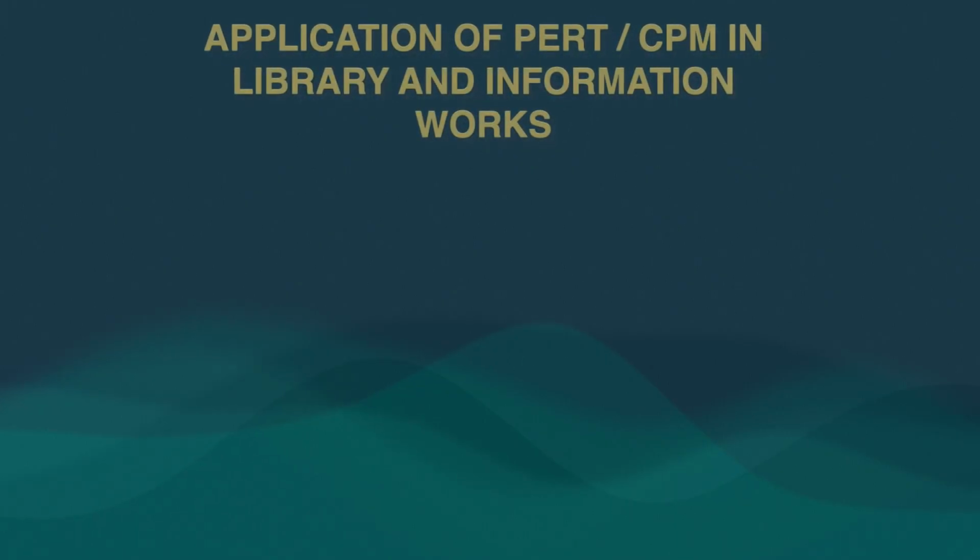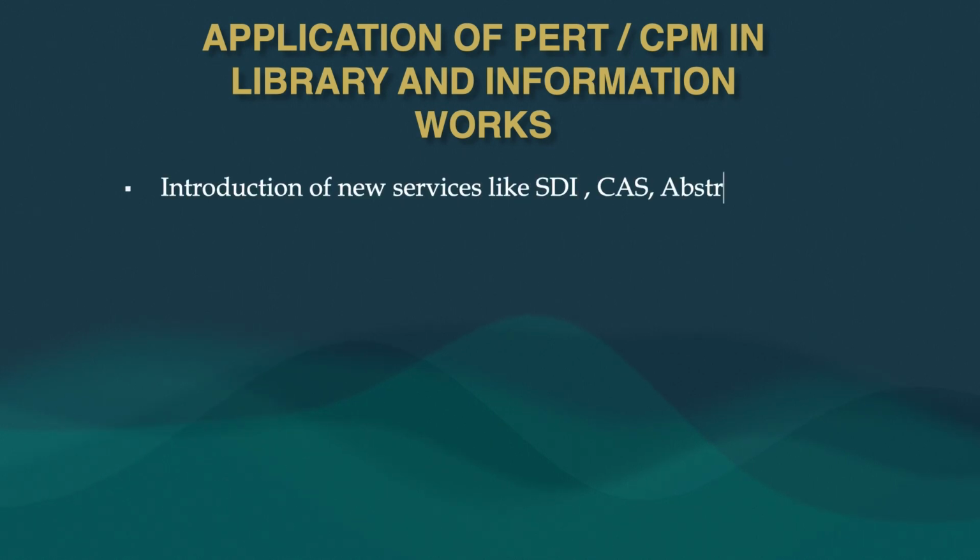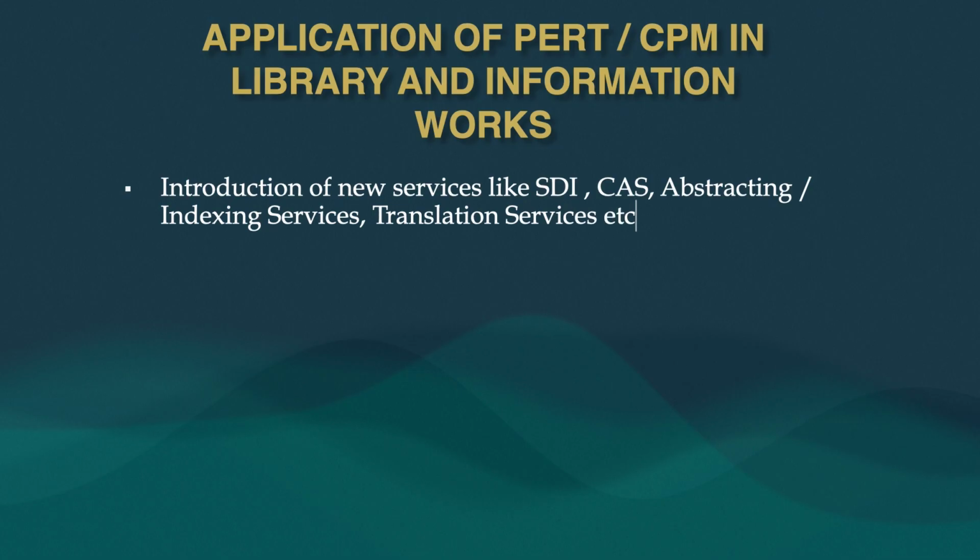Application of PERT or CPM, program evaluation and review technique or critical path method, in library and information work. Introduction of new services like selective dissemination of information, current awareness services, abstracting services, indexing services, translation services, all these are the areas of library and information work in which the application of PERT and CPM may be done.